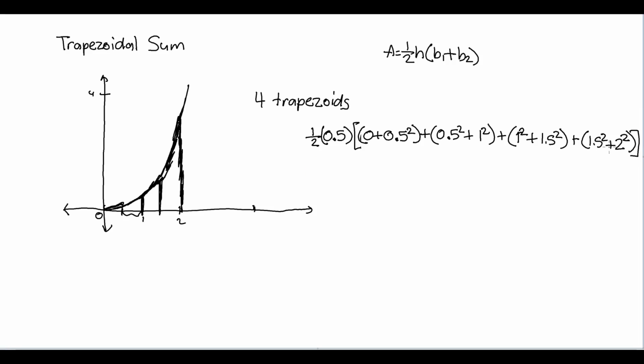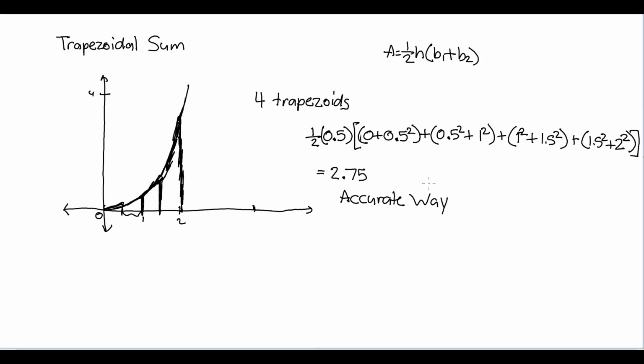And we get 2.75, which is, again, not bad. It's only 0.09, about 0.09 units off, okay? So this is also an accurate way.